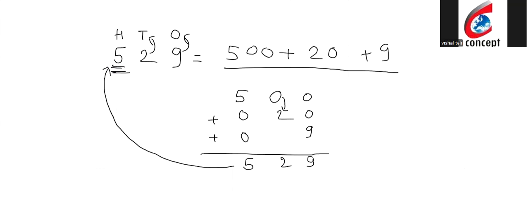Let's solve another problem, okay? Which should be like 8, 3, and 2. So write down ones, tens, and hundreds. So 8 is in place 100. So the place value will be, let me write it, 8, 0, 0.